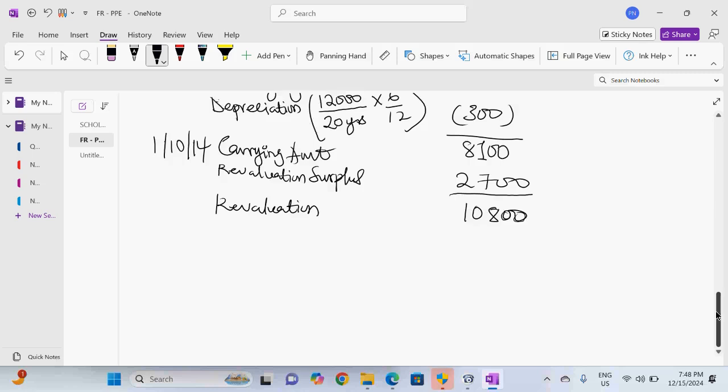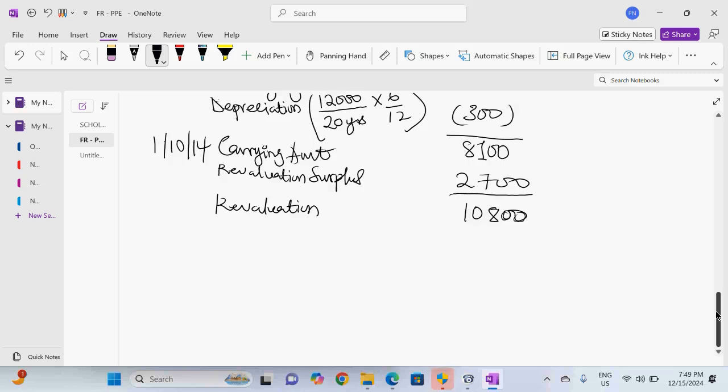All right. So this revaluation as at 1st October 2014 is 10,800. But what is the question demanding? Someone should read the requirement again.